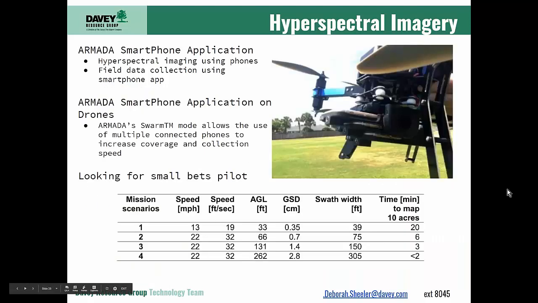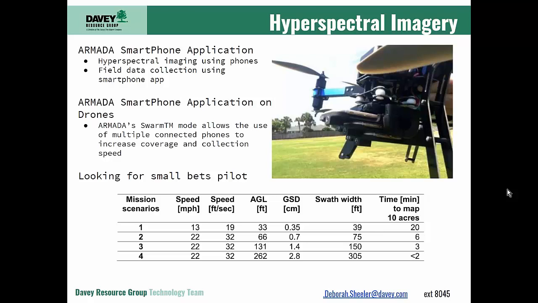For the Armada application, as part of this pilot project, we're utilizing it in the field for the collection process and sampling of the species at each of the locations, so that the overall spectral characteristics will be pulled from the imagery that was captured via the aircraft.